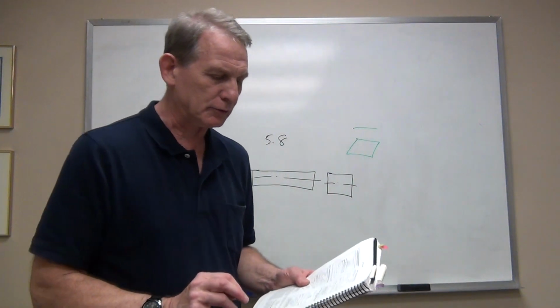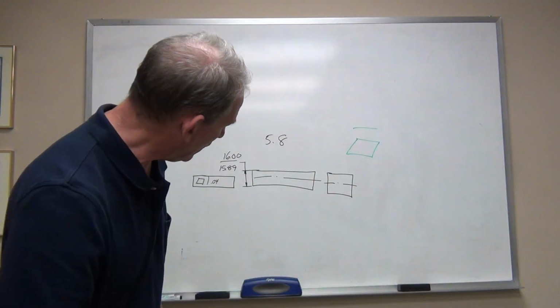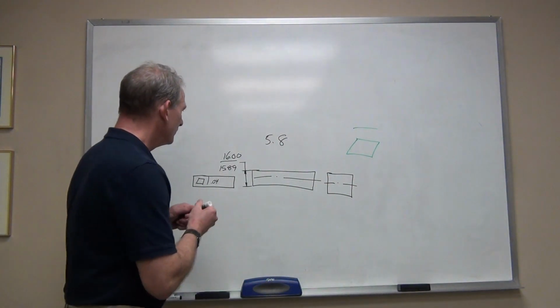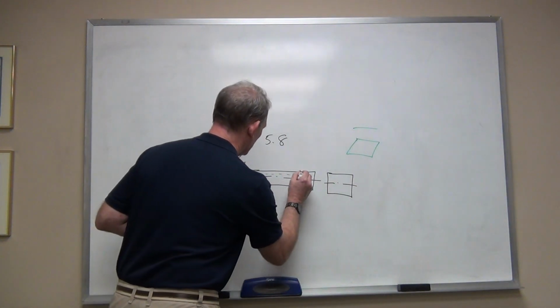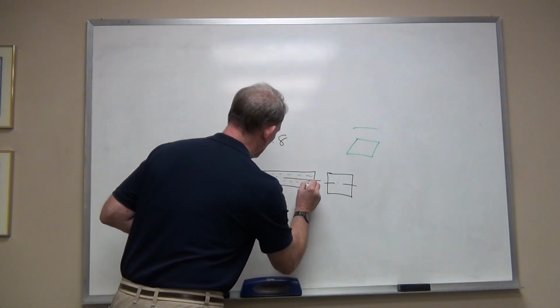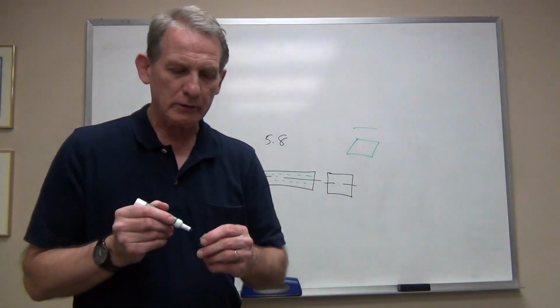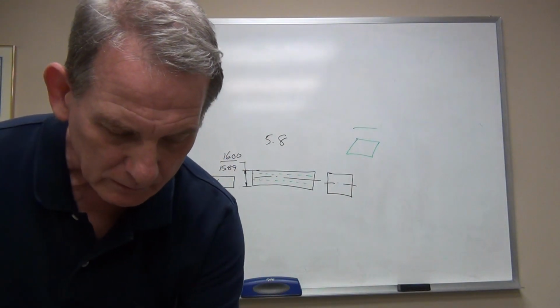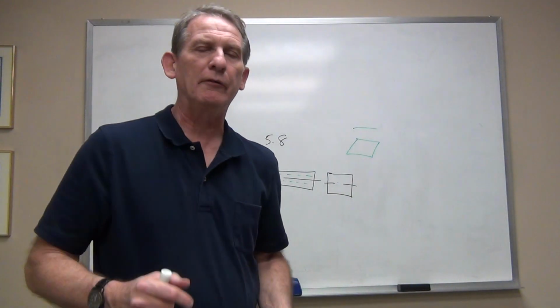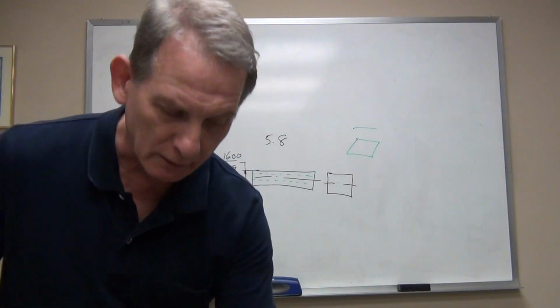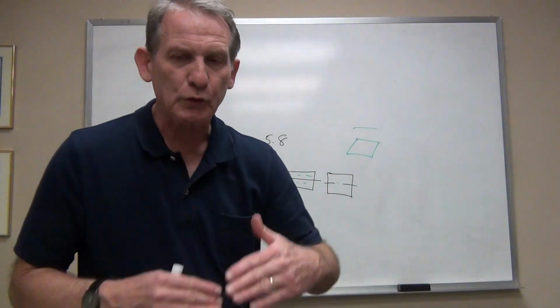And if you look at the illustration, you'll see that they have drawn that tolerance zone about the derived median plane. It is still two parallel planes.